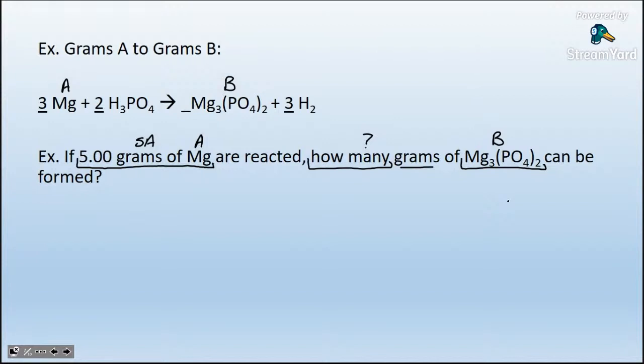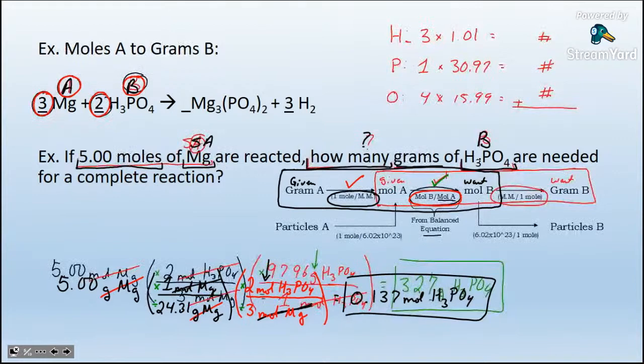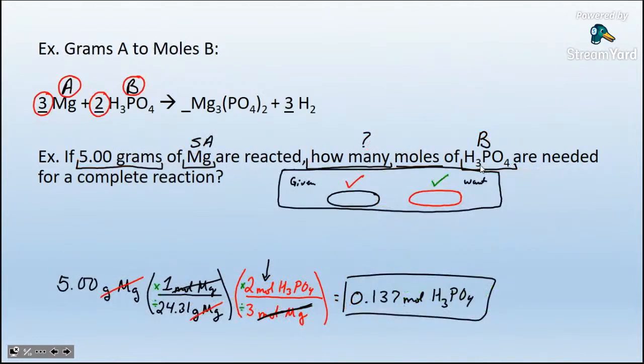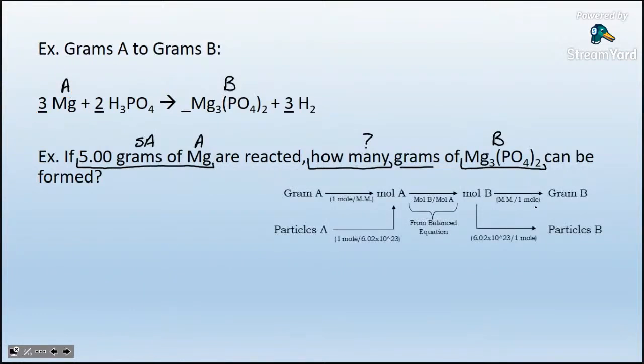Now notice I've kind of switched this up because in these other examples I've been using H3PO4, and that's been my substance B each time. Well, anything within that balanced equation can be your substance B. So in this case, I've switched it up on you, and I'm asking for grams of magnesium phosphate that can be formed. So don't get stuck into the idea that the first component has to be A and the second component has to be B.